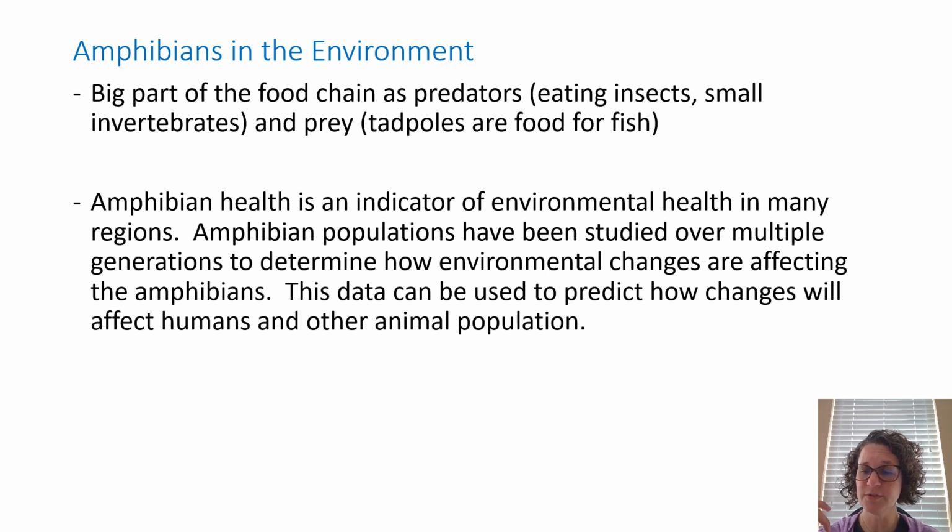And so watching the amphibian population has become a really well-used way to determine how environmental changes are affecting the overall population. So it may be one of those things where, if the frog is affected very easily, then we may need to be on the lookout for longer term effects on bigger organisms and even people.